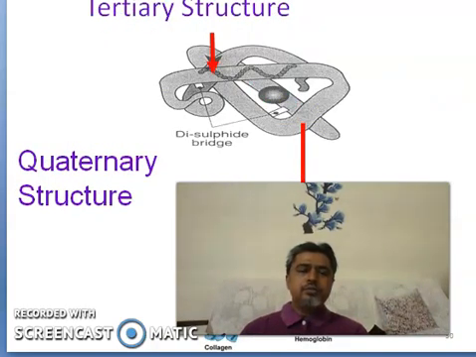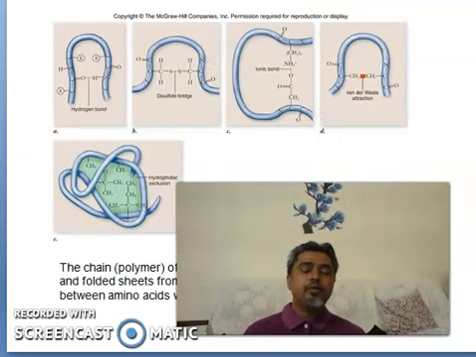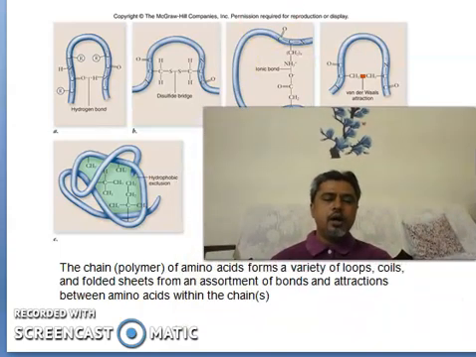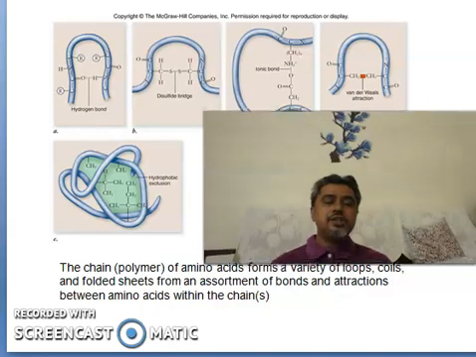Now the tertiary structure is like this, and the quaternary structure like this, taken from the copyrighted McGraw-Hill material. The polymer chain of amino acids forms a variety of loops or coils and folded sheets, with an assortment of bonds and attractions between amino acids within the chains.